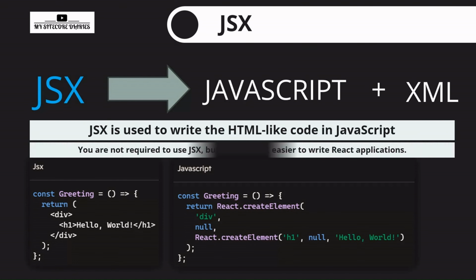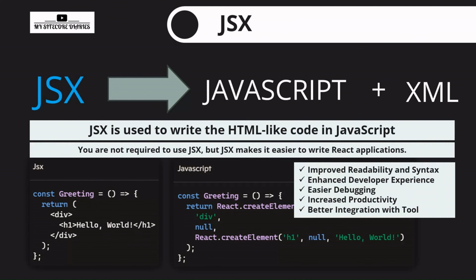So JSX offers several advantages. First is improved readability and syntax. JSX makes the code more readable and easier to understand, especially for those familiar with HTML. Then we have an enhanced developer experience. Combining the power of JavaScript with the structure of HTML creates a seamless coding experience. Then we have easier debugging.